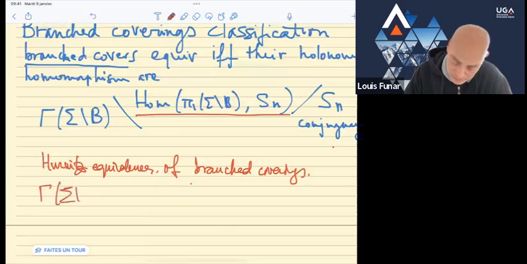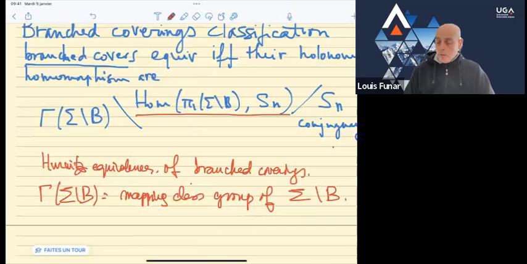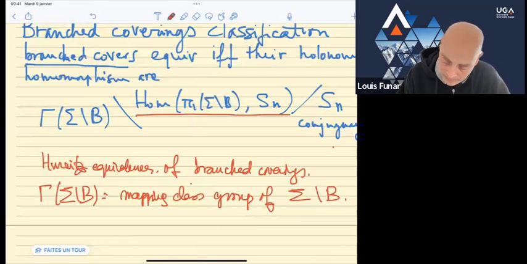Gamma of sigma minus B is just the mapping class group of sigma minus B, which is of course the same thing as the mapping class group of sigma preserving B pointwise. And of course the mapping class group actually is the automorphism group of the pi1 of sigma minus B, which is really acting on the left.